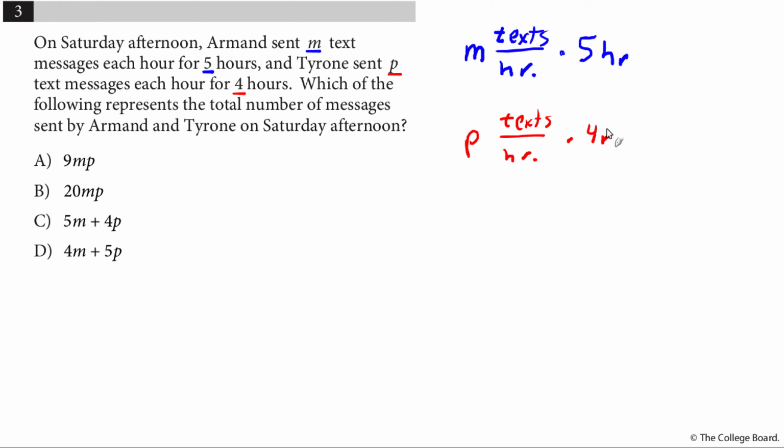And you can look at the units here and notice that in this case, the hours will cancel out and I'll be left with exactly texts. So I would end up with 5m from Armand plus 4p for Tyrone, which gives me C.